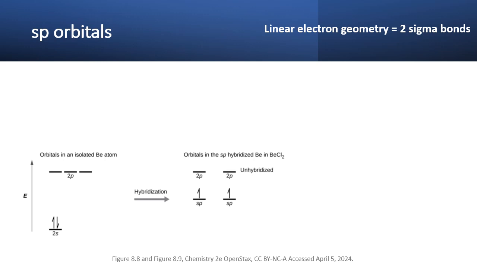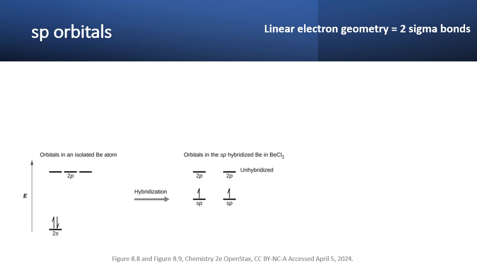Both of them have one electron and they're both spin up. That is on purpose. The p orbitals that are not hybridized will stay at the energy level they were at previously. Okay, so in particular, this example that they gave was for beryllium chloride, but you could imagine a bunch of linear things that would follow the same general pattern.